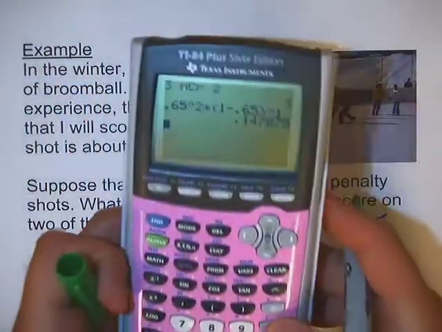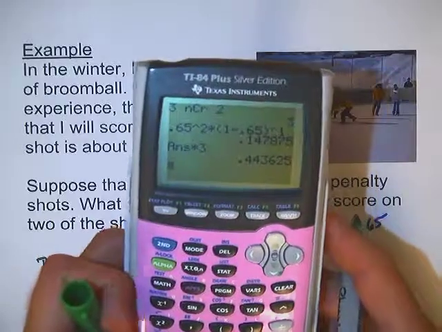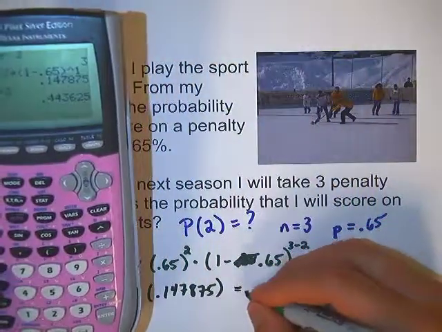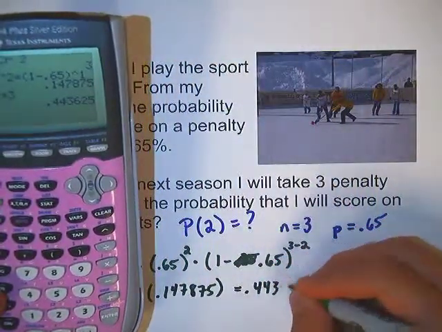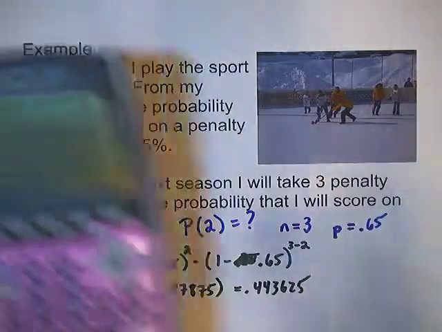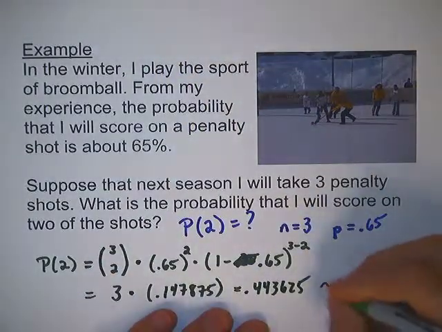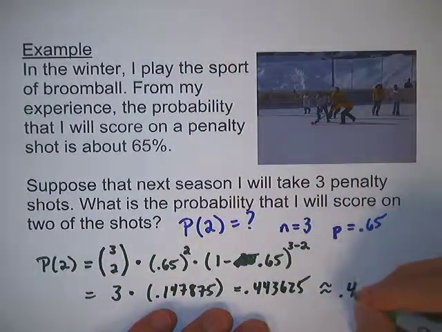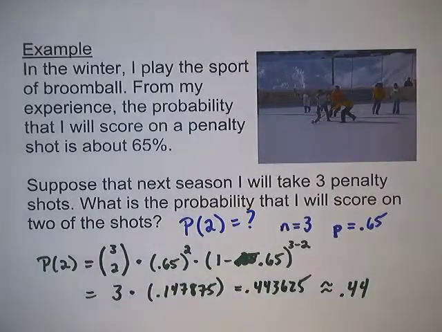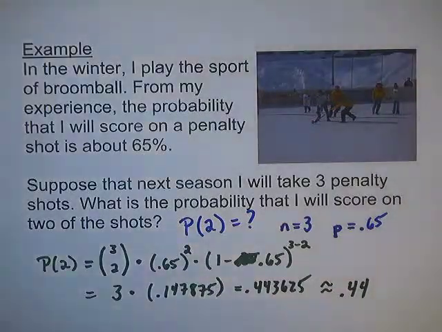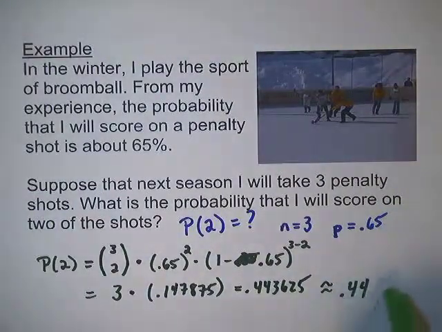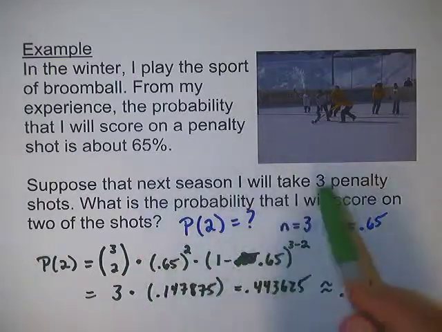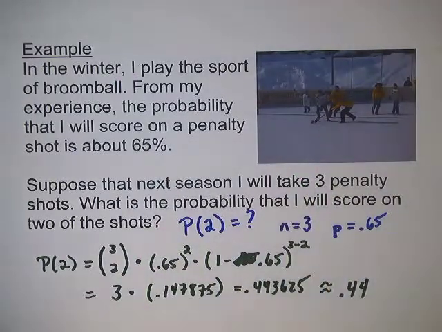Now I need to multiply that by 3, and I end up with 0.443625, which is about 44%. So about 44% is going to end up being my probability. What that means is that I have a 44% chance that I will make 2 out of the 3 penalty shots we take here.